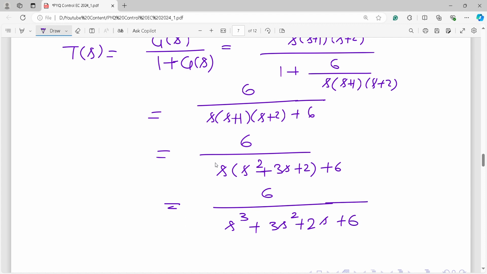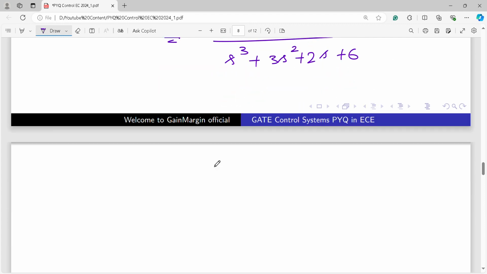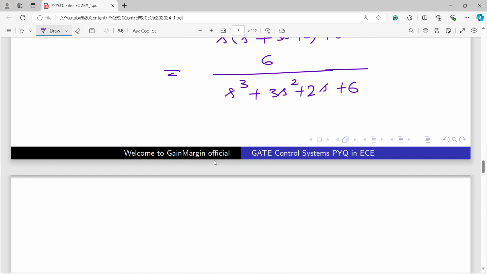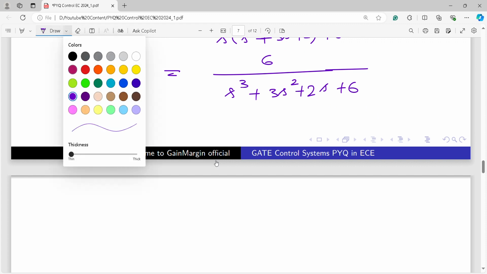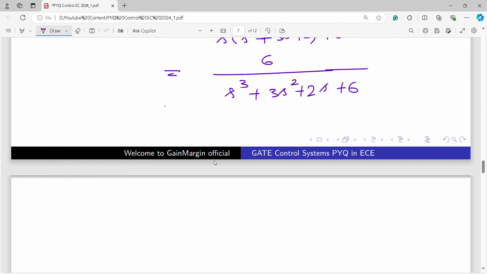All right. So what is the characteristic equation? You know the characteristic equation is our transfer function denominator polynomial. Okay, the characteristic polynomial is the denominator polynomial. So the characteristic polynomial, let us say P(s), equal to the denominator polynomial, is s cube plus 3s square plus 2s plus 6.